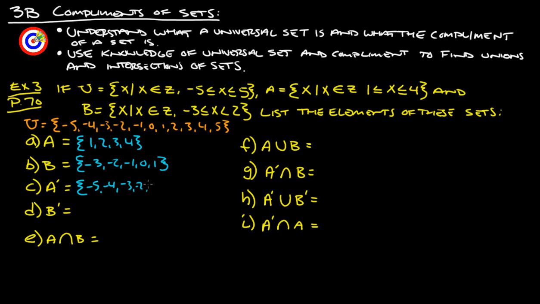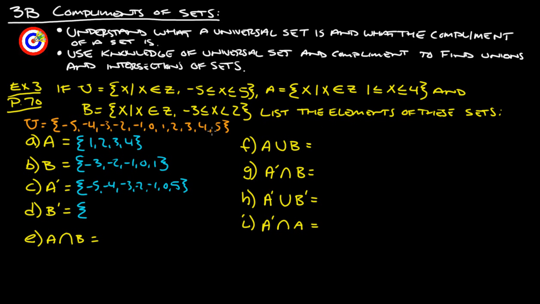So -5, -4, -3, -2, -1, 0, and 5 would be the complement of set A.